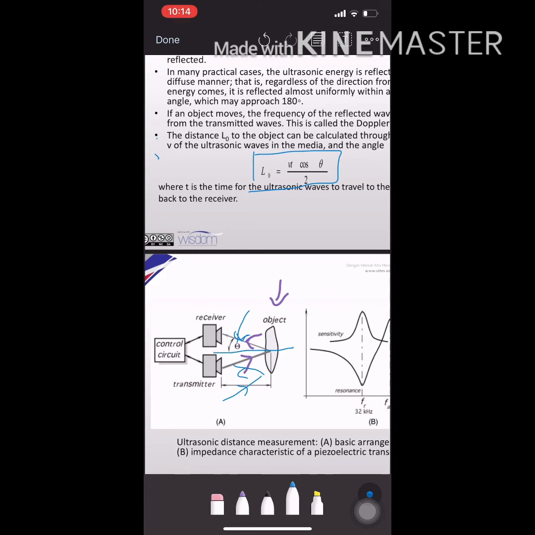The most common type of excitation device which can generate surface movement in the ultrasonic range is a piezoelectric transducer. As we recall, when there is pressure on the piezoelectric element, it will generate a voltage.